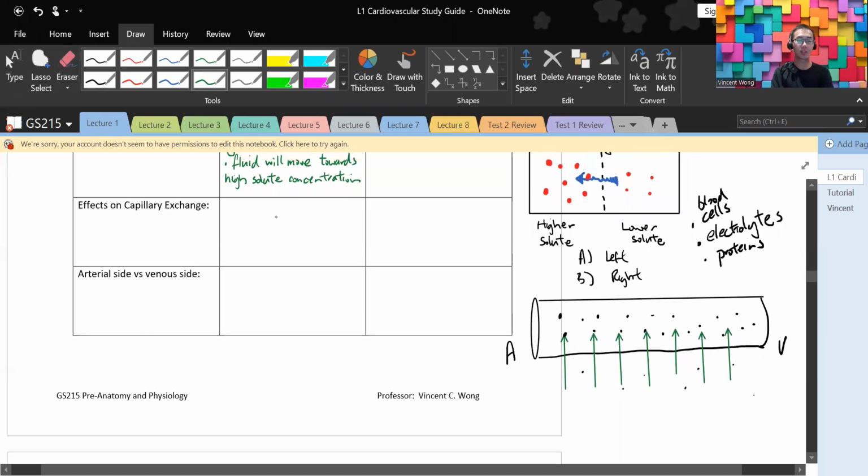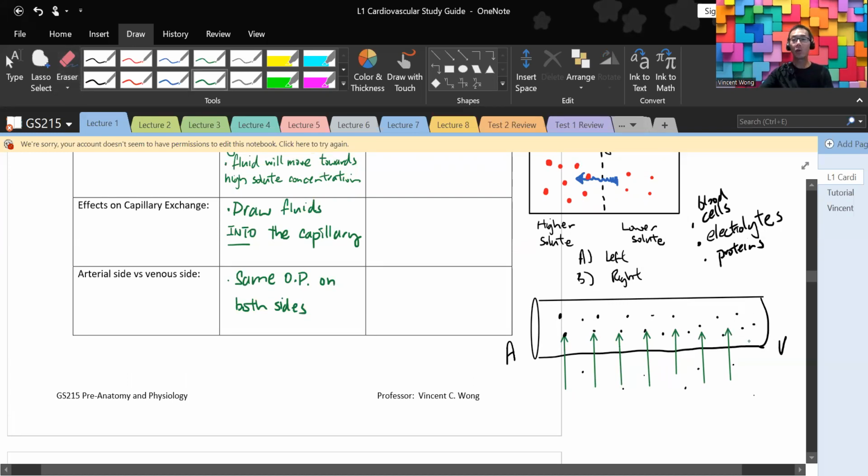So the effect on capillary exchange is that the osmotic pressure draws fluids into the capillary. It's the same OP, same osmotic pressure on both sides. It's not going to go up or down, because the content of the blood is very similar from one end to the other.